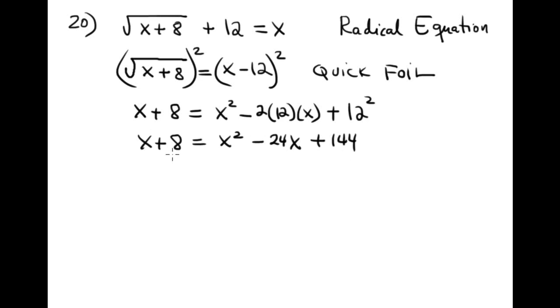Okay, this is a quadratic equation. Let me try. This is x squared minus 24x plus 144 minus x minus 8 equals 0.